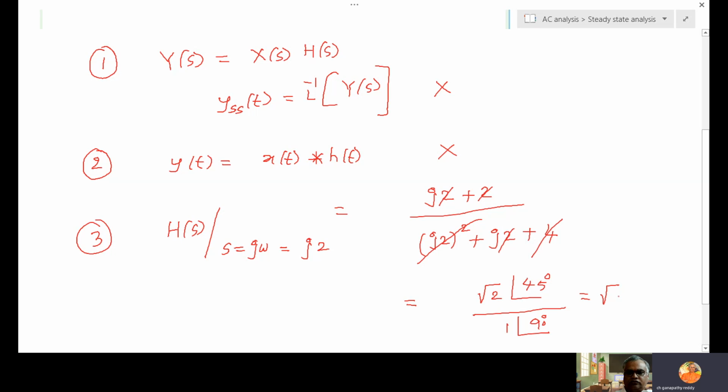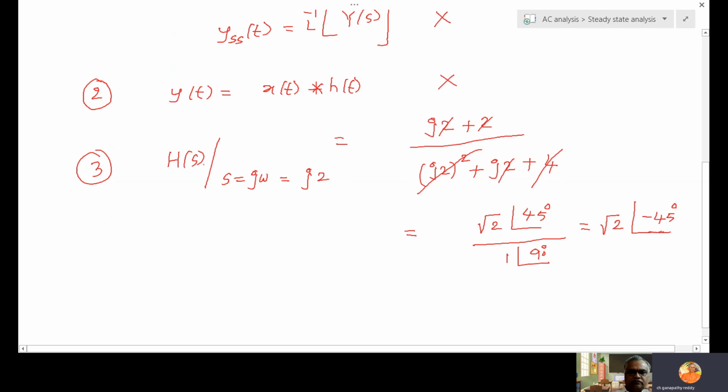So this answer is root 2 angle minus 45 degrees. So we just simplified H of s at s equal to j2, and it is coming as root 2 angle minus 45.